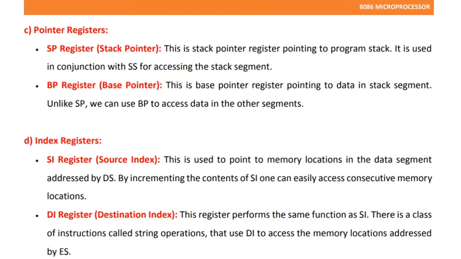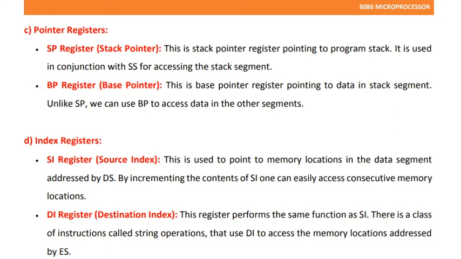Now let us move on to the pointer registers. There are two pointer registers, SP and BP. SP stands for stack pointer and BP stands for base pointer. The stack pointer register points to the program stack.